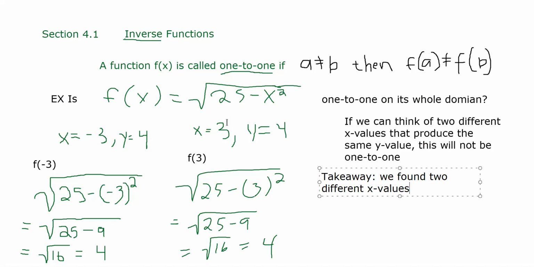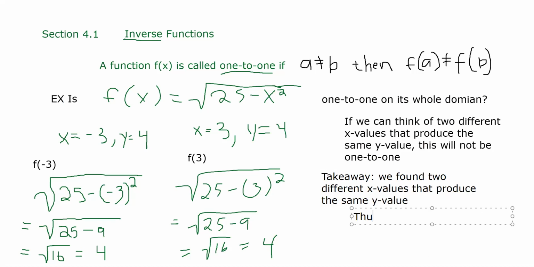But whenever we plug them into the function, they produce the same y value. That's going to be the problem. So we found two different x values that produce the same y value. Thus, f of x is not 1-to-1.